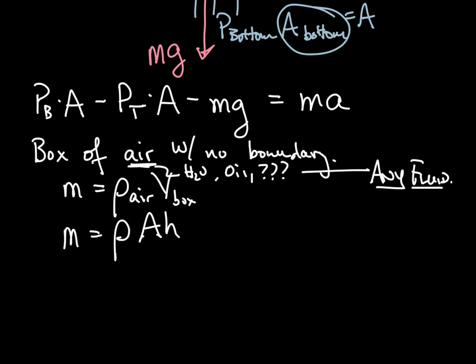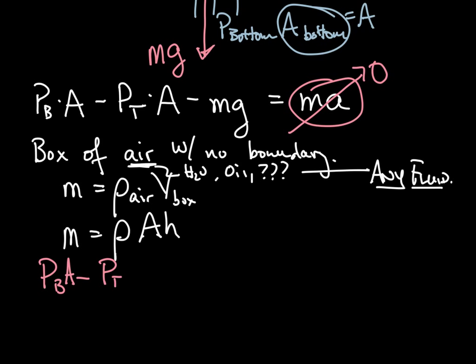Also, this acceleration ought to be 0, because if we just have a bunch of static air, it's not going to be accelerating up or down or right or left, it's just going to be sitting still. So we can write down that the pressure at the bottom times the area minus the pressure at the top times the area minus the mass, which is the density times the area times the height times g, should equal 0.